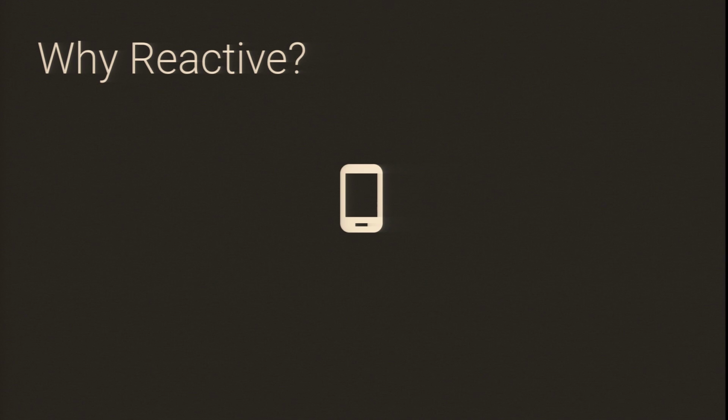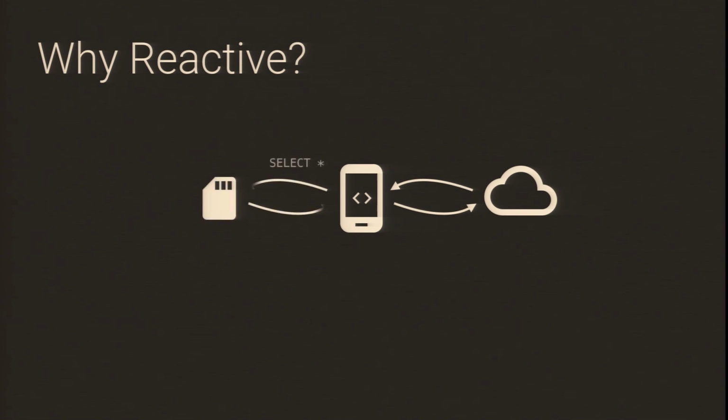What's going on here, in a different representation, is that we have our code living inside the system, and it's interacting with these multiple asynchronous things. We have the network, where we make requests and get back responses. We have the file system, which is potentially actual files or a local database that we're writing to or reading data from.